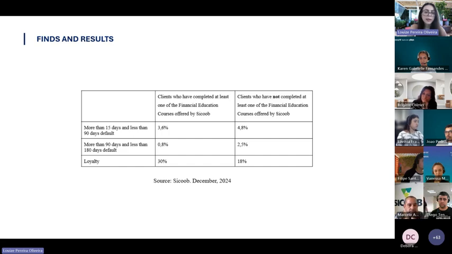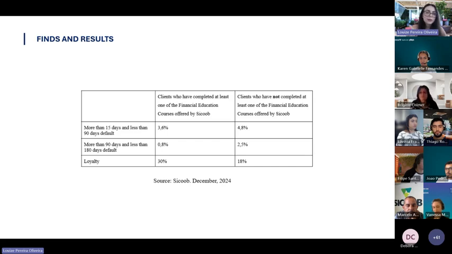For example, I have numbers from December 2024, and we can see the same situation. Clients who have completed at least one of the financial education courses offered by Sicoob have less default and are more loyal than clients who have not.